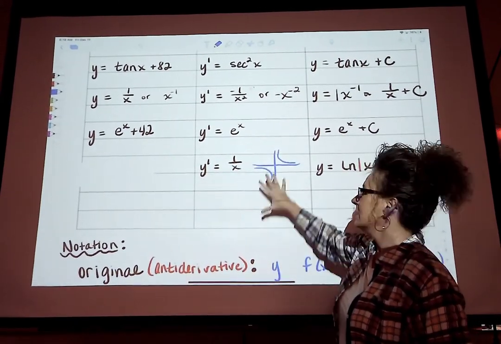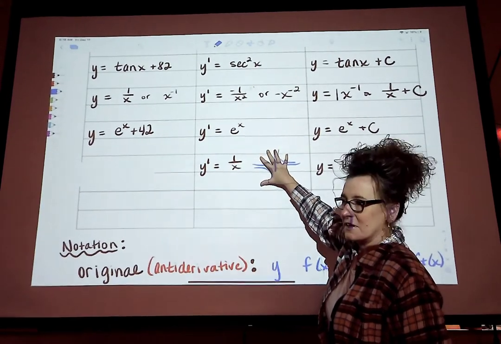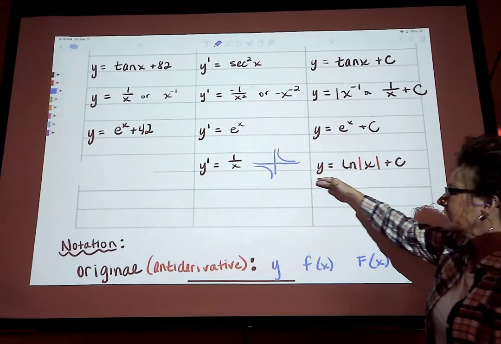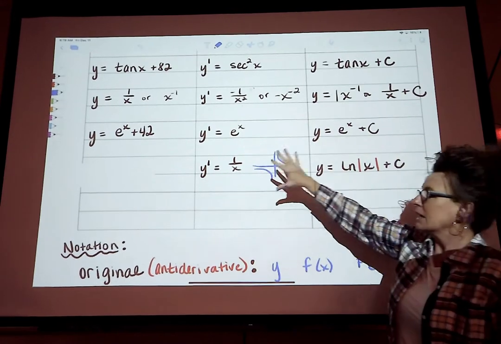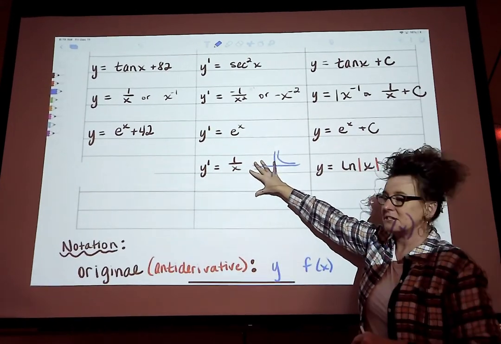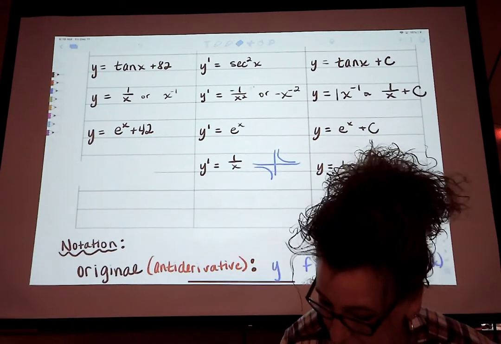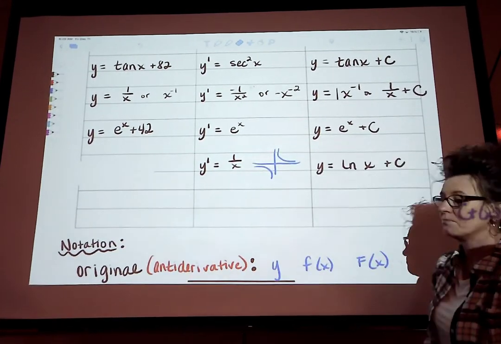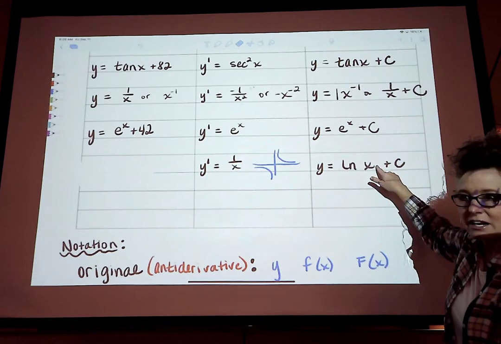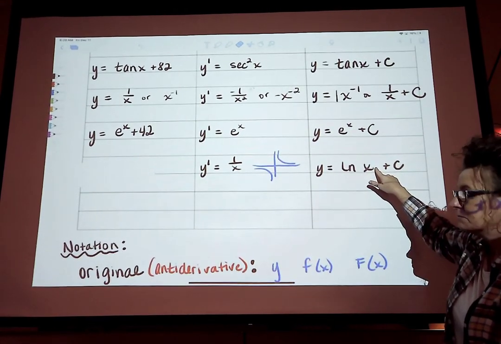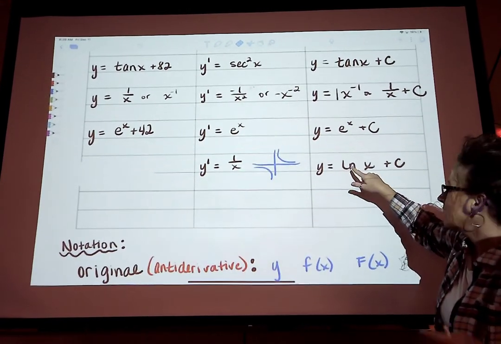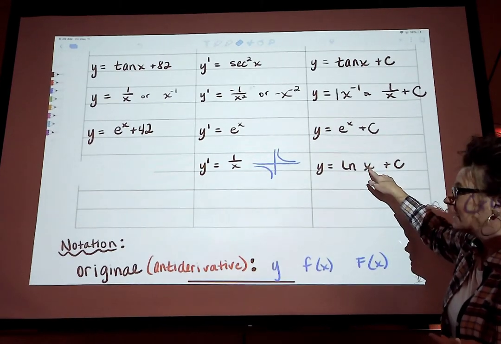Now, if we start with this domain, ready? Carry it through. Carry through all numbers except 0. How does that look over here? Well, if I didn't have the absolute value signs, I would have a problem. You can't ln a negative. You can't natural log a negative number.